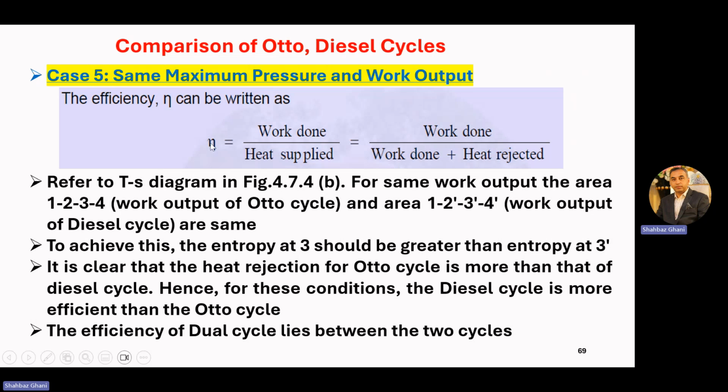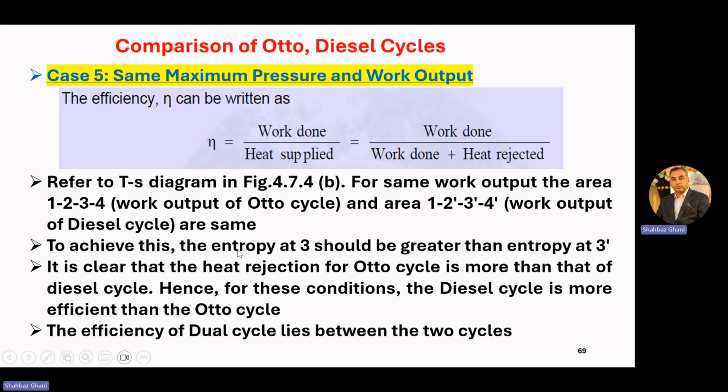So the efficiency can be written as work done divided by heat supplied, which is equal to work done divided by work done plus heat rejected. Refer to the TS diagram in this figure. For same work output, the area 1, 2, 3, 4 work output of the Otto cycle and area 1, 2 bar, 3 bar, 4 bar work output of the diesel cycle are the same.